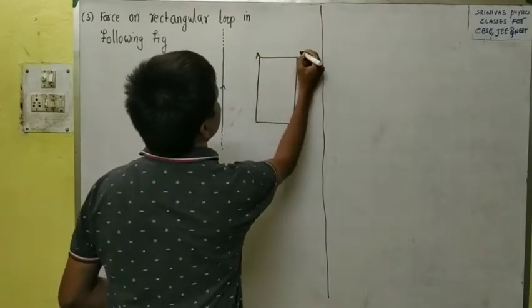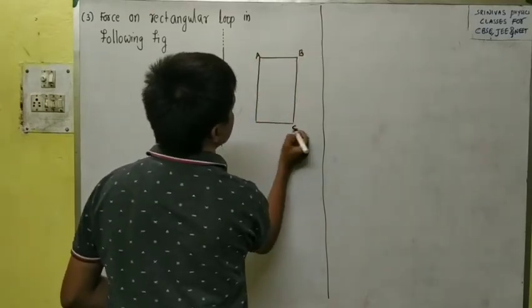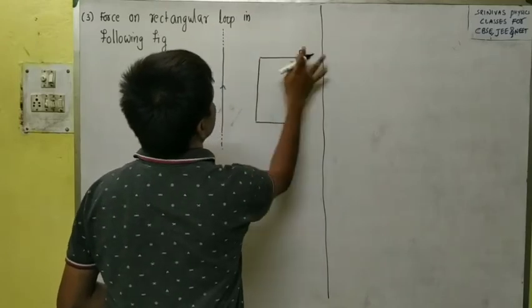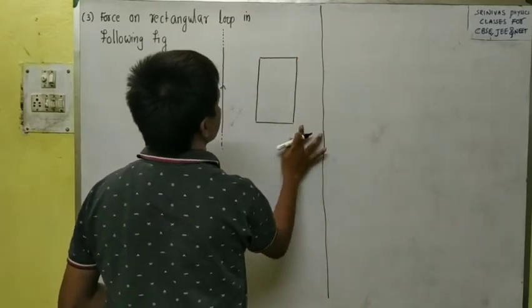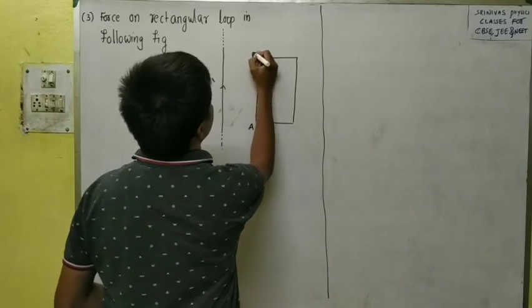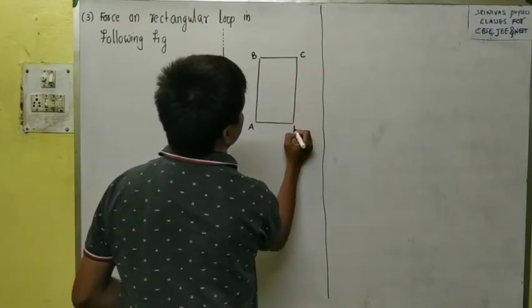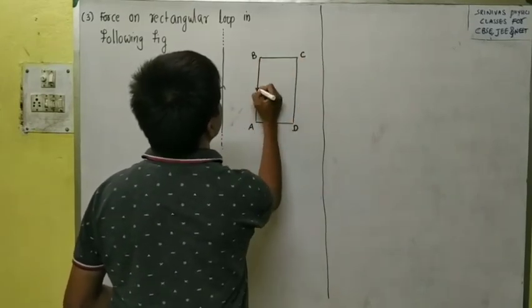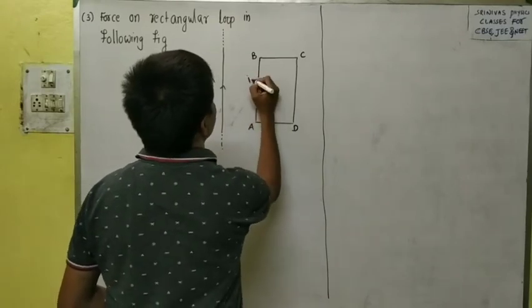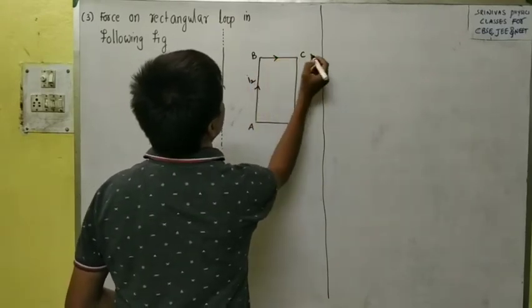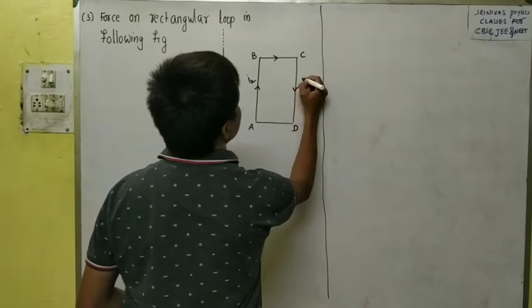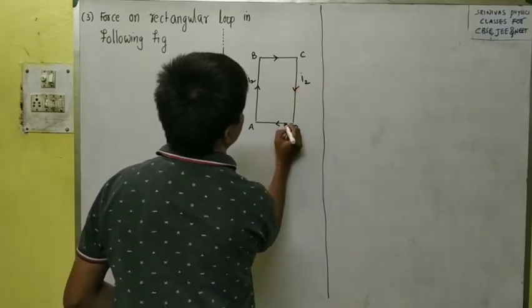This is A, B, C, D. Okay, look here. The current starts from A, that is I2, and it goes like this. This is I2, I2.